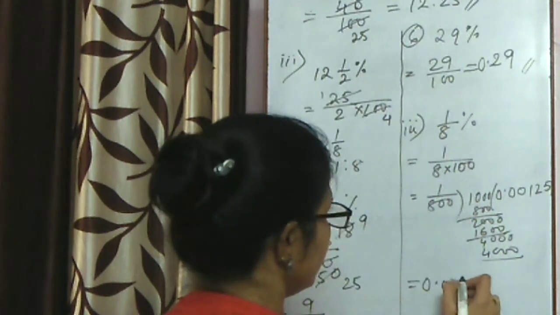Zero point 0.00125. Now question number 7.